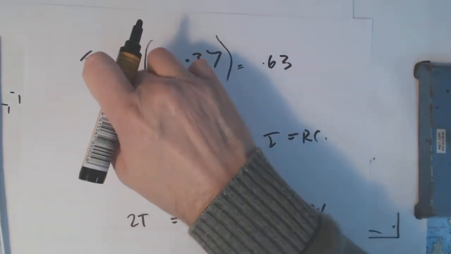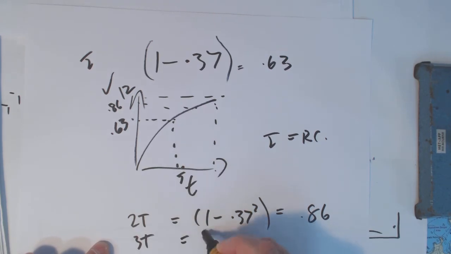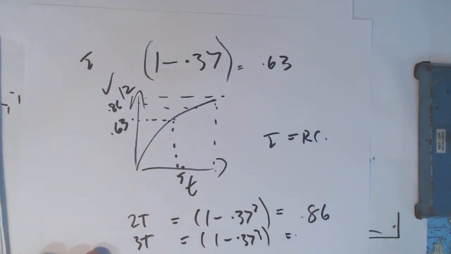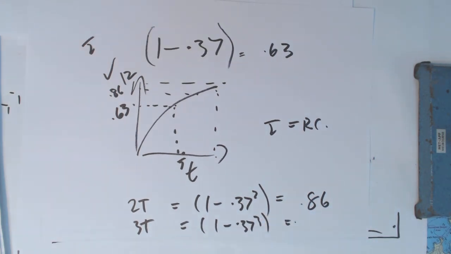So this is 0.63 times 12, and this one is 0.86. 3 time constants, we equal 1 minus 0.37 cubed, which will equal 90-something percent. Usually on your graphs, do 3 time constants and put the numbers in. That's what you need to get the credit for these type of graphs. If you want to know the equations for the curves and where this wonderful 0.37 comes from, have a look at my next video on time constants and equations for the graphs.